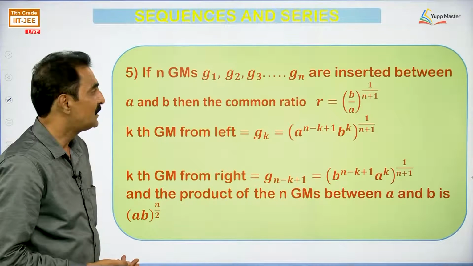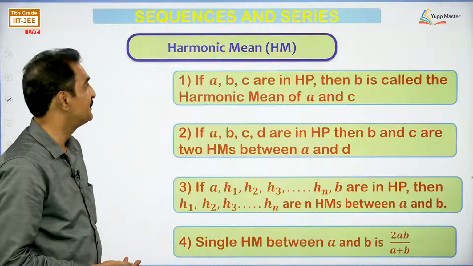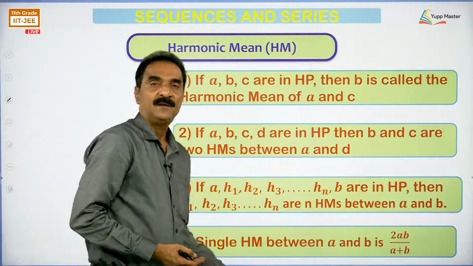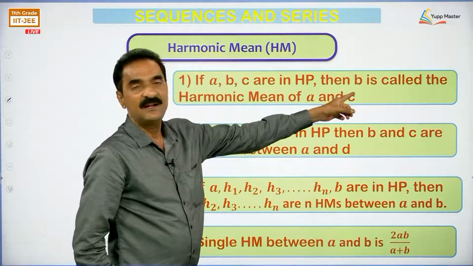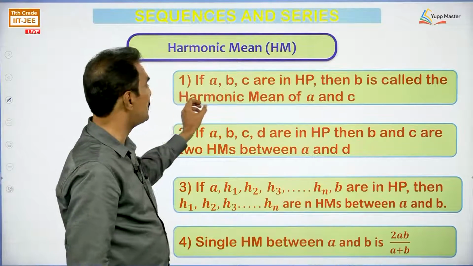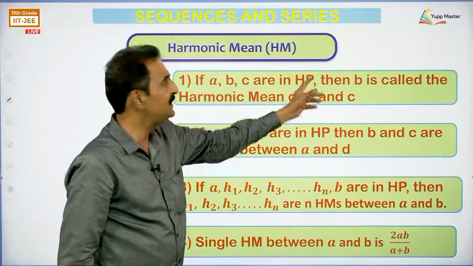Alright. Now, let us discuss harmonic mean. If A, B, C are in HP, then the middle number B is called the harmonic mean of A and C, or simply HM.